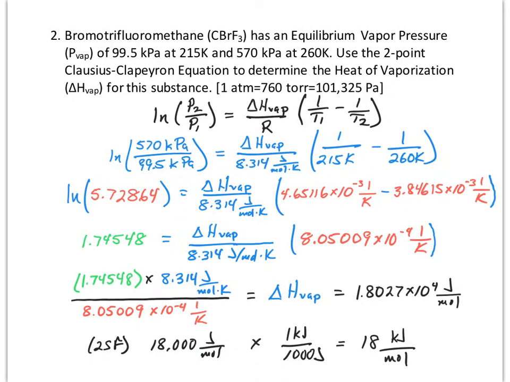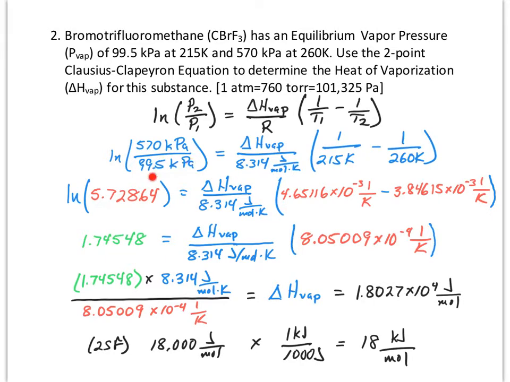Okay? So I take this equation and I substitute in the numbers from my problem. Right? I'm taking this as pressure 2 and temperature 2. So there's pressure 2, there's temperature 2, right? The 260 Kelvin. I'm taking this pair as pressure 1 and temperature 1.